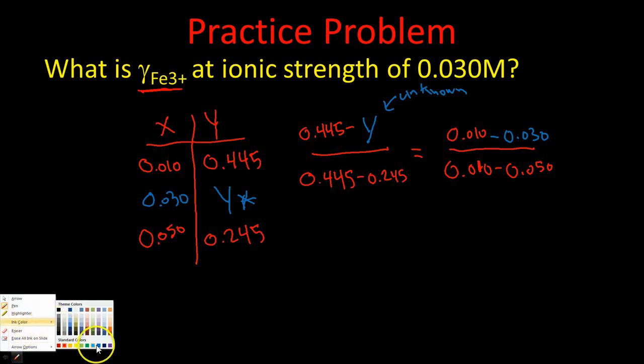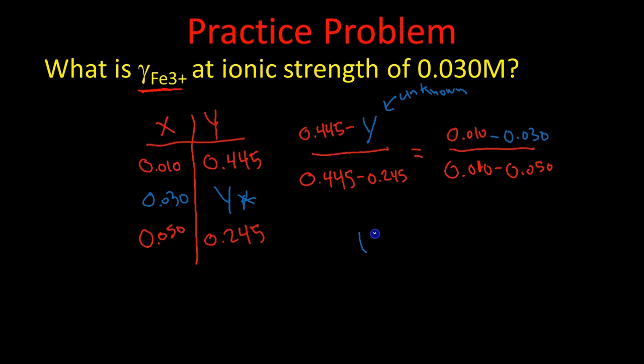What you should hopefully find is that y equals 0.345. This y is our gamma, so gamma iron 3 plus. These are our known gammas, and these are our ionic strengths.